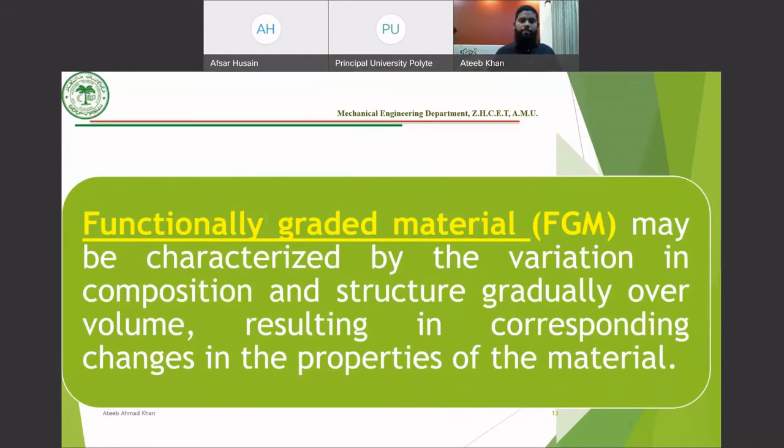So consider the previous example of a laminated composite material, where I am using this as one layer and this as another layer. You can see that at the interface, the composition of the material is changing abruptly. Whereas in a functionally graded material, suppose this is the height of some material.